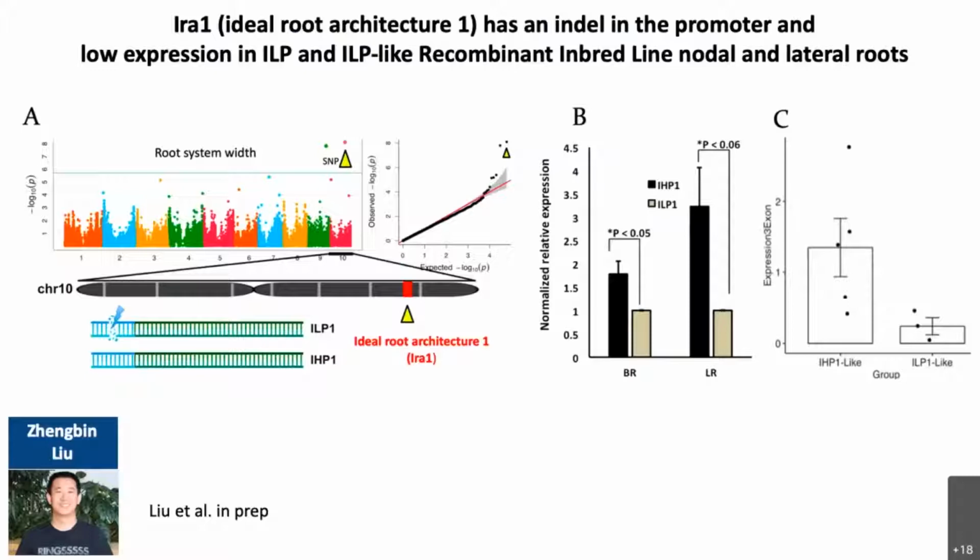So it fundamentally changes the root architecture because of what they're sensing their status is internally. So we've got a little bit more work to do in this, but the orthologs in Arabidopsis and tomato seem to be doing a very similar thing. So stay tuned for more on this gene.